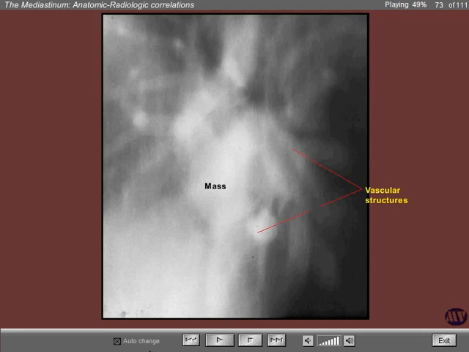This means that the mass is on a vascular basis, and this is a patient who had a left to right shunt, in which the prominence of the lower lobe vasculature exceeds that of the upper lobe vasculature. Whenever we have a left to right shunt, we see enlargement of the arteries and of the veins, which account for the enlarged hilar shadow.